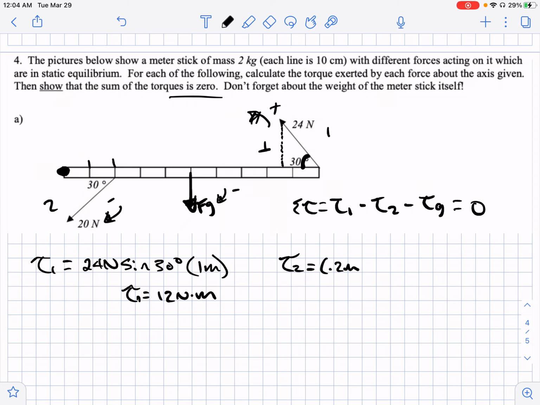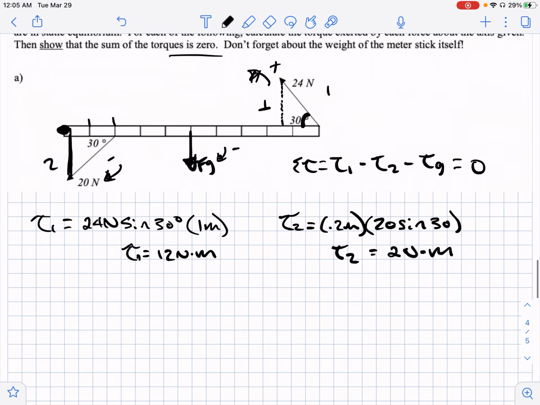So 0.2 meters. And we're going to use that same trig function to solve for this perpendicular side. So we're going to use our sine function again. So 0.2 times 20 times sine 30. If we plug that in, the torque from this one is going to equal 2 newtons times meters.